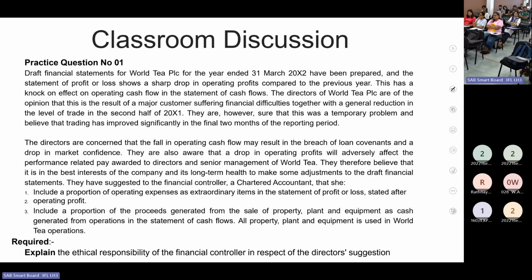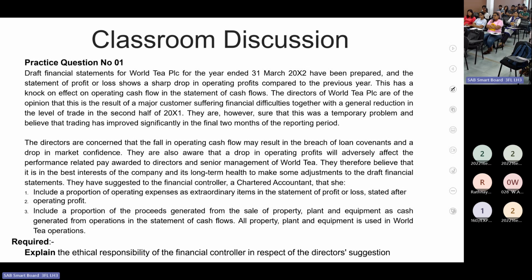It will create a self-interest threat. Now our profit is declining. If the finance controller is representing the senior management, normally the senior management receives bonuses based on the profit. So if the profit is declining, his bonus also declines.